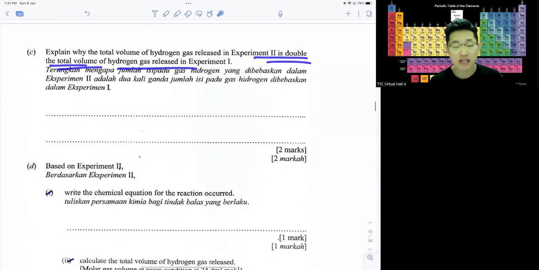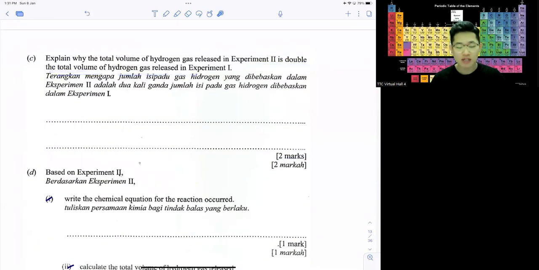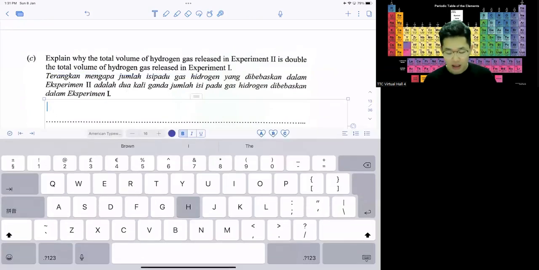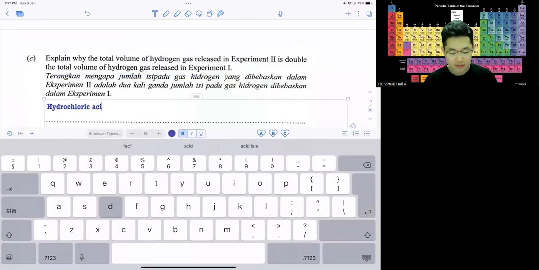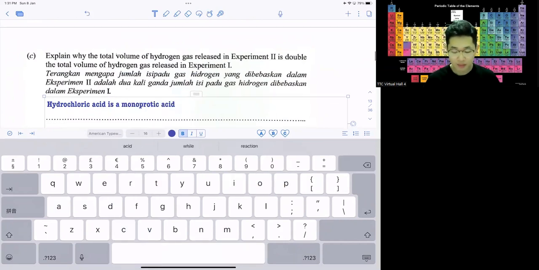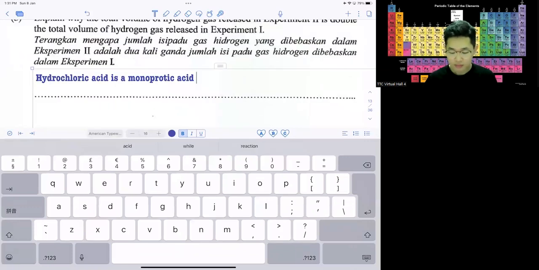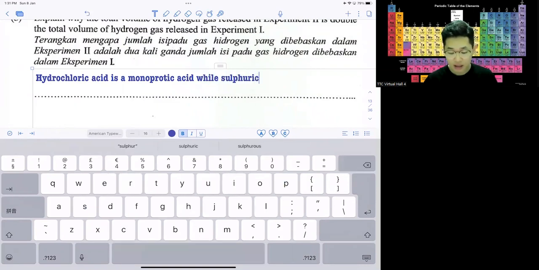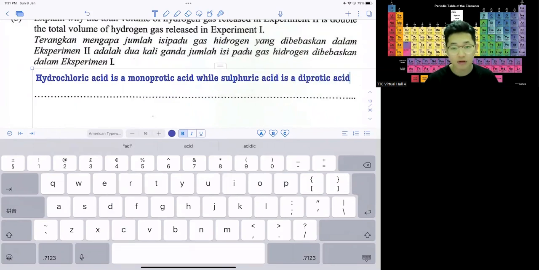OK，then next, explain why the total volume of hydrogen gas released in experiment 2 is double the volume of hydrogen gas released in experiment 1. So as we said just now, hydrochloric acid is a monoprotic acid. 它只有一个 H. While sulfuric acid is a diprotic acid.